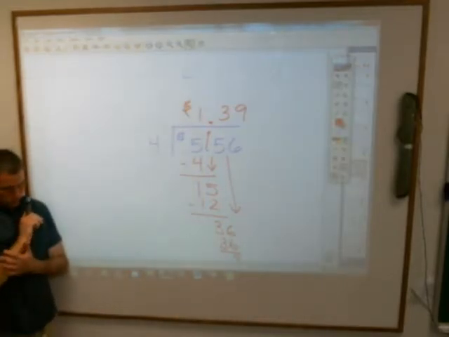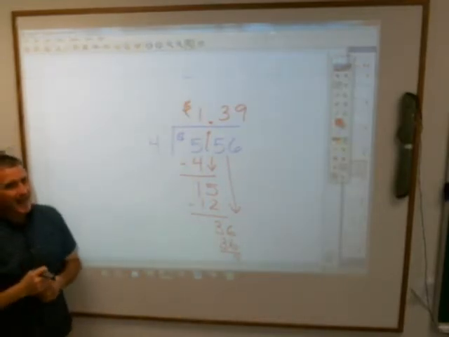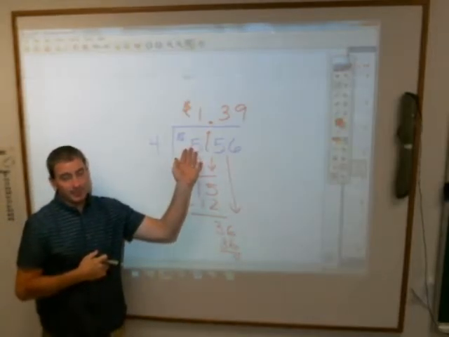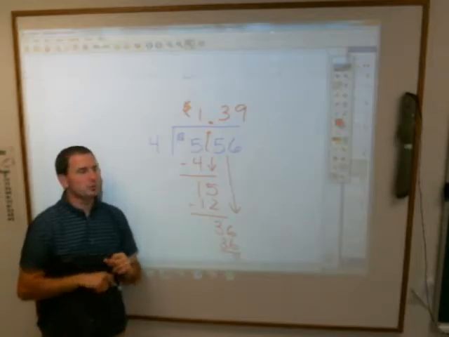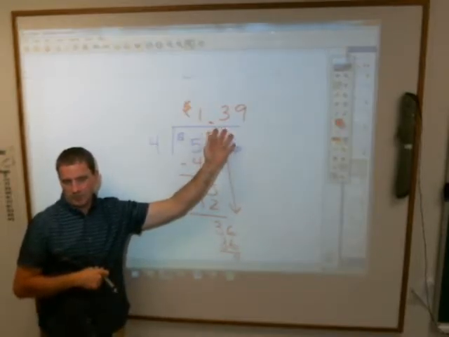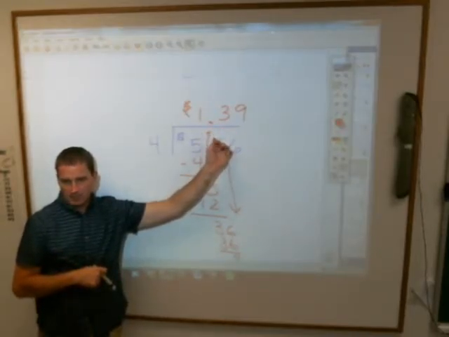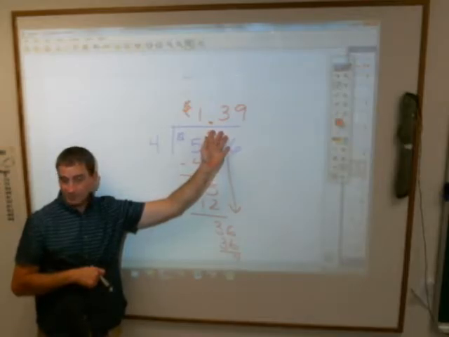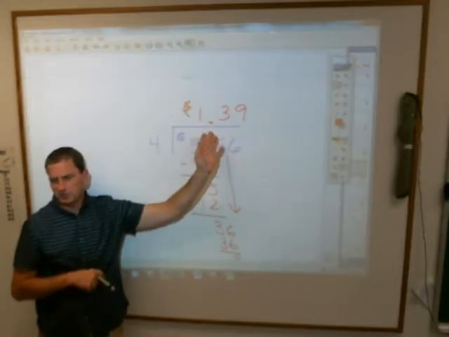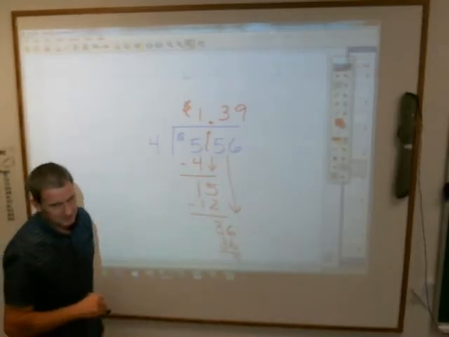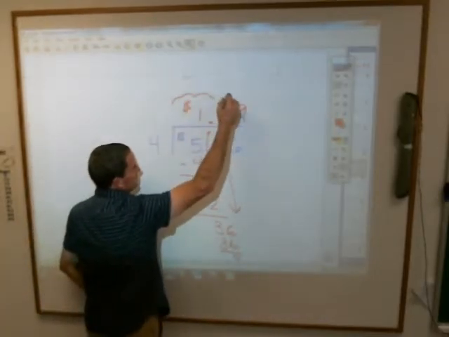If it's a money problem and you get a remainder, you probably did the problem wrong, because the book won't give you a money problem that doesn't work out evenly. Does anybody know what remainder 3 cents is? If I gave you $1.29, remainder 3 cents, how much money would I actually give you? Nobody knows, because there's no such thing as a remainder of 3 of a cent. So this would be your answer.